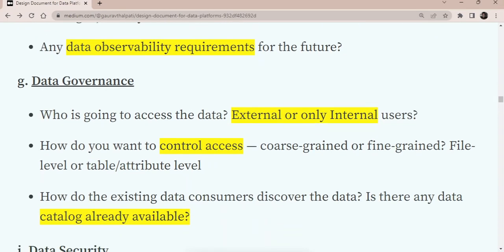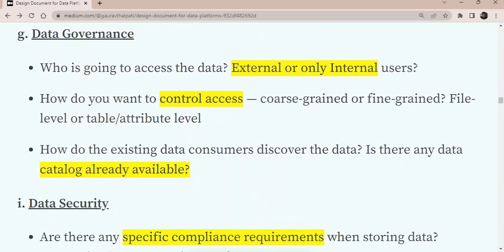Data governance has a lot of emphasis in today's times. How are you going to share the data, who is going to access the data? Whether these are internal users or external users, because the strategy would be different for internal users and for external users.